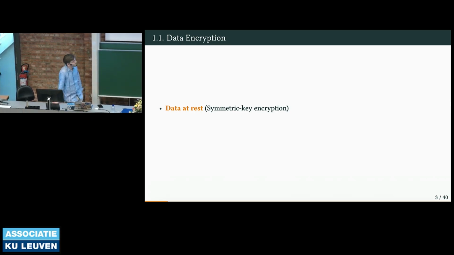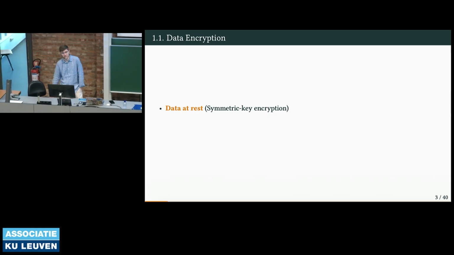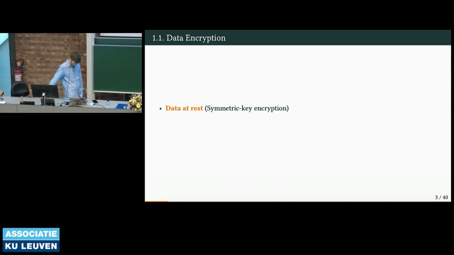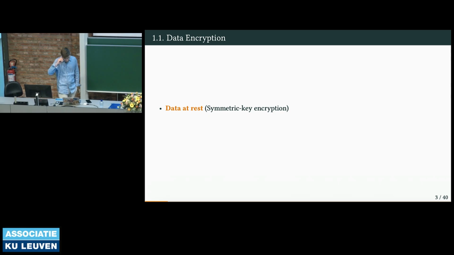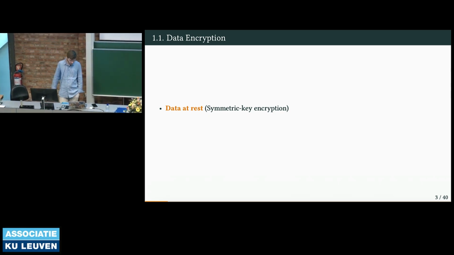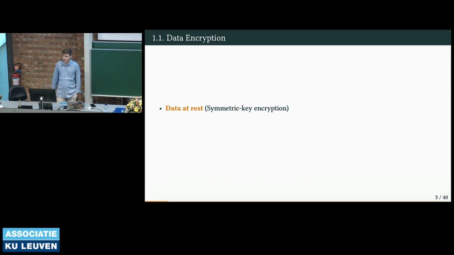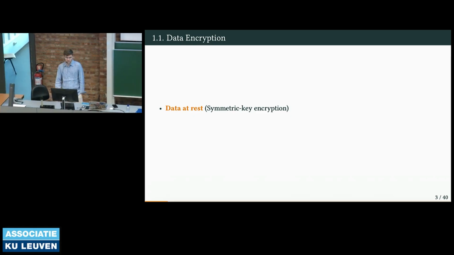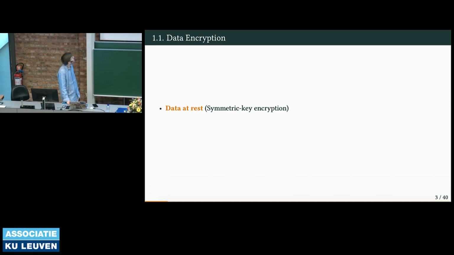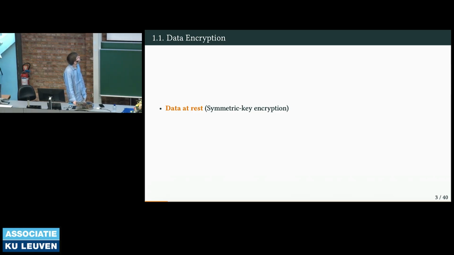The simple scenario is data at rest. You have some data, you don't want someone stumbling on it. You can encrypt it with symmetric key encryption. You have the key in your head, you encrypt it, you leave it somewhere, you pick it up later, you decrypt it, and you're done. That was solved a long time ago, and of course there's still much more to do, but the principle of it is fine.